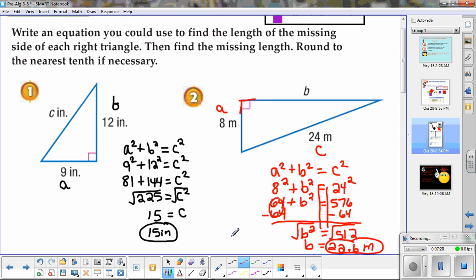Now, one thing I forgot to mention is that, remember, with square roots, there's actually always 2 square roots. It wouldn't make sense in this situation, though, to have the negative 15 or negative 22.6 because the length of the side is never going to be negative.